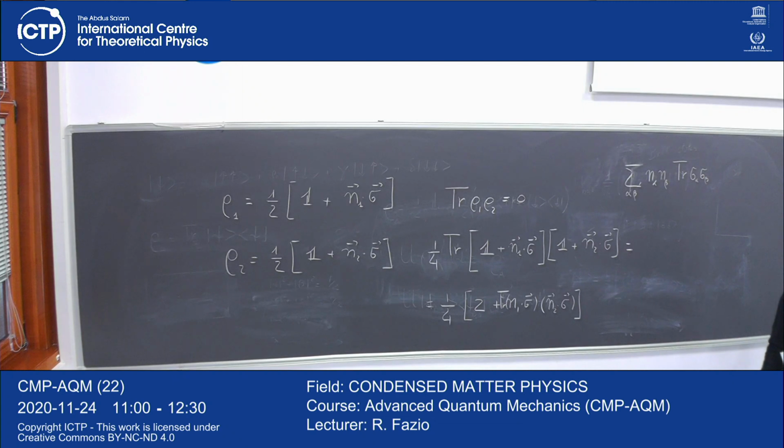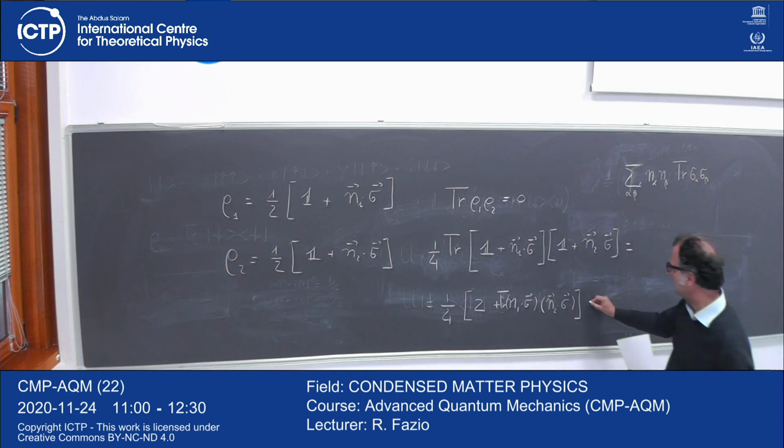Right? You see that this is either 0 when alpha is different from beta, or equal to 2 when alpha is equal to beta, because the square of Pauli matrices is the identity.